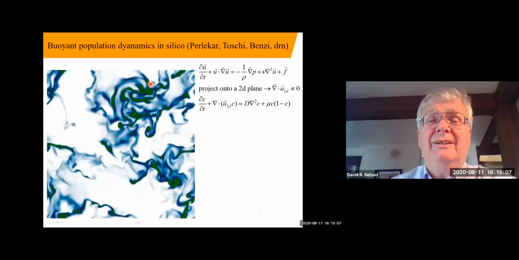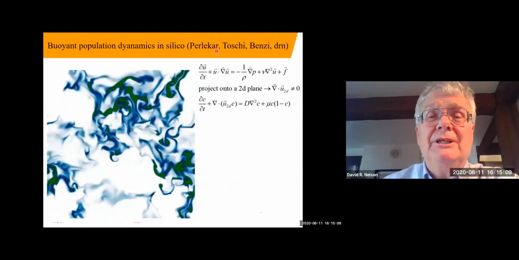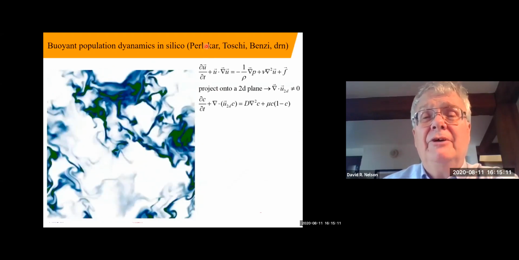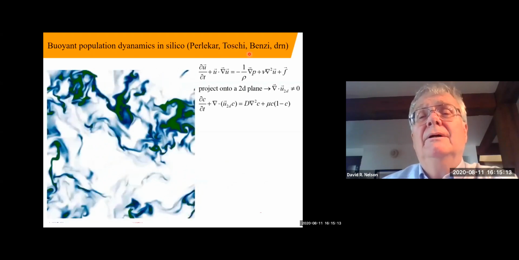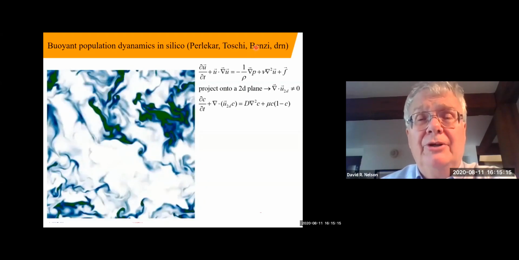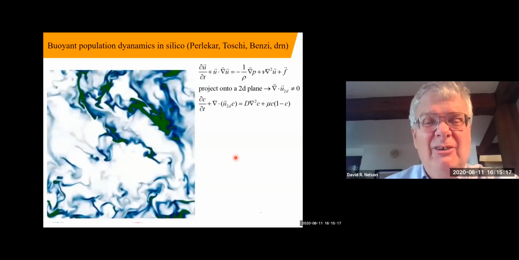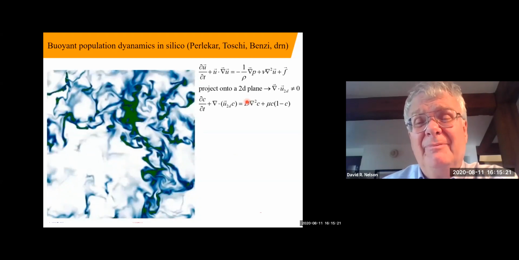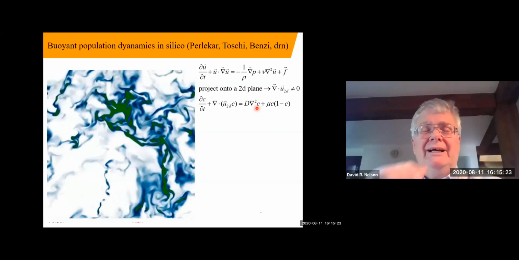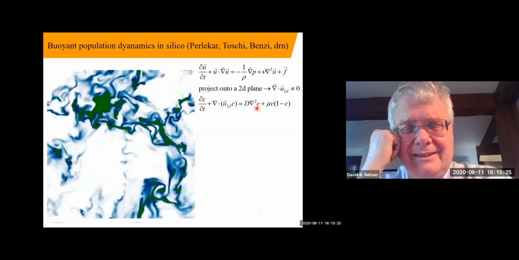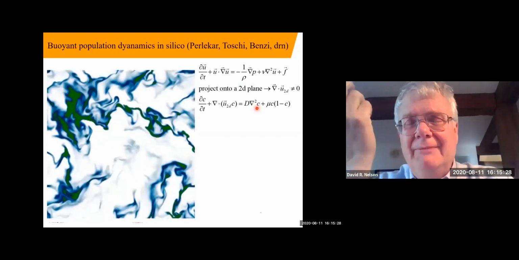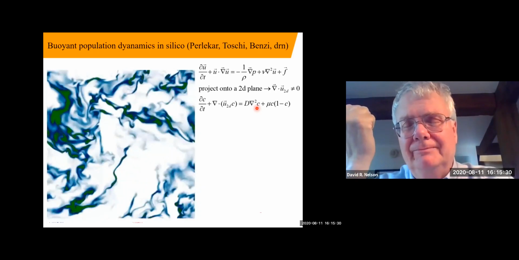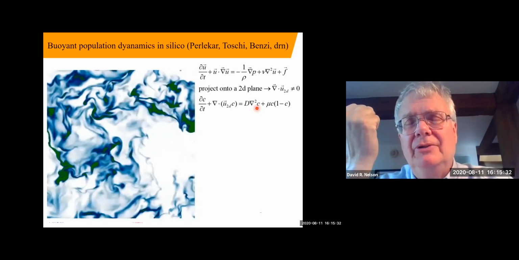Here's a simulation that was done by Prasad Perlekar and Federico Toschi and my other collaborator, Roberto Benzi. What all this does is solve the equation that I showed you earlier with a velocity field that, at the time, I think was sort of state of the art for high Reynolds number turbulence in 3 dimensions.